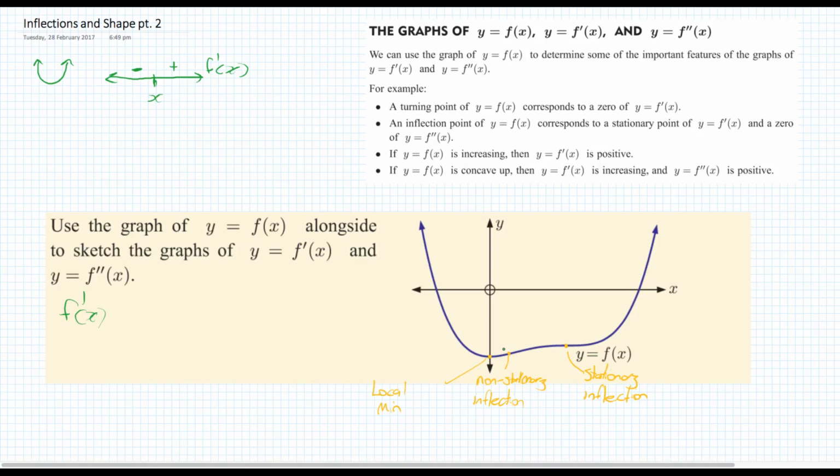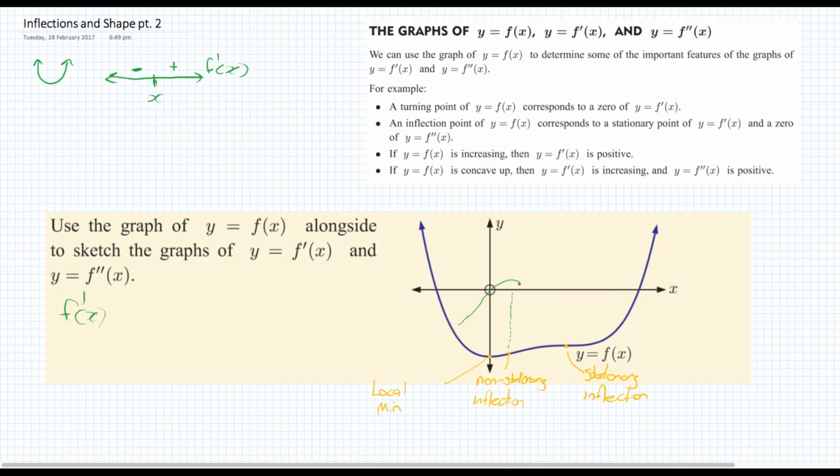Our non-stationary inflection means that the slope is going from increasing to now decreasing, so it's going to look a little bit like this. So it's increasing, now it's decreasing, and over here it's decreasing and then increasing again.